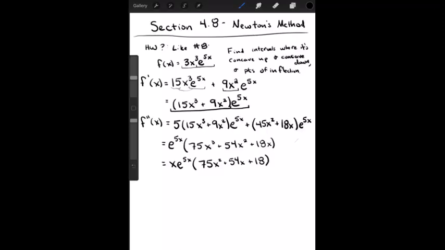And there we've got a quadratic, right? So either x is going to be equal to 0, e to the 5x is going to be equal to 0, or this admittedly kind of obnoxious quadratic is going to be equal to 0.